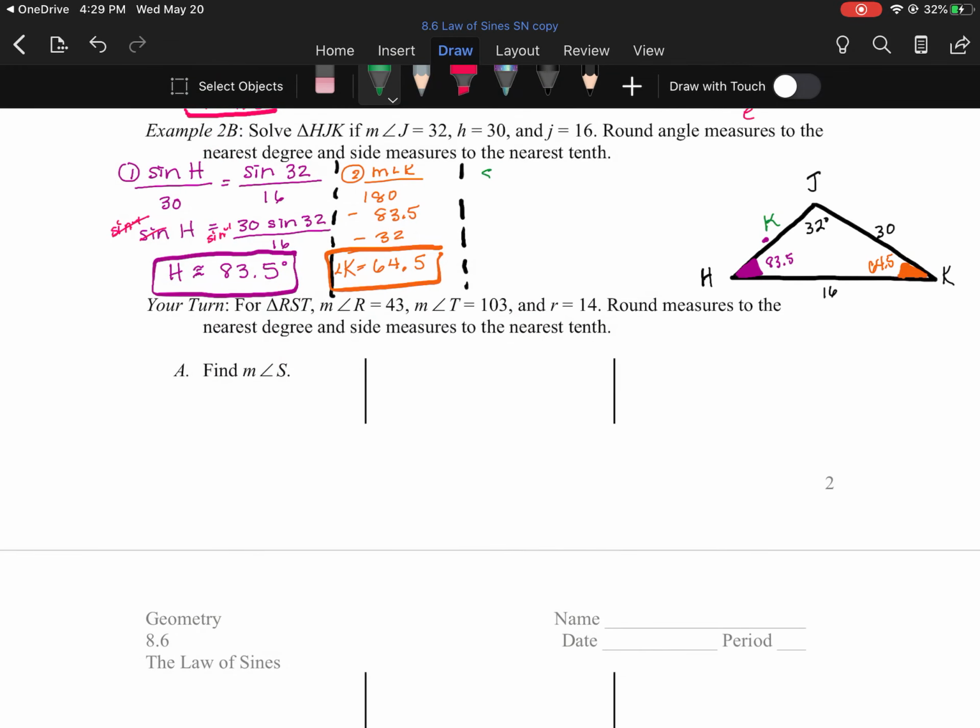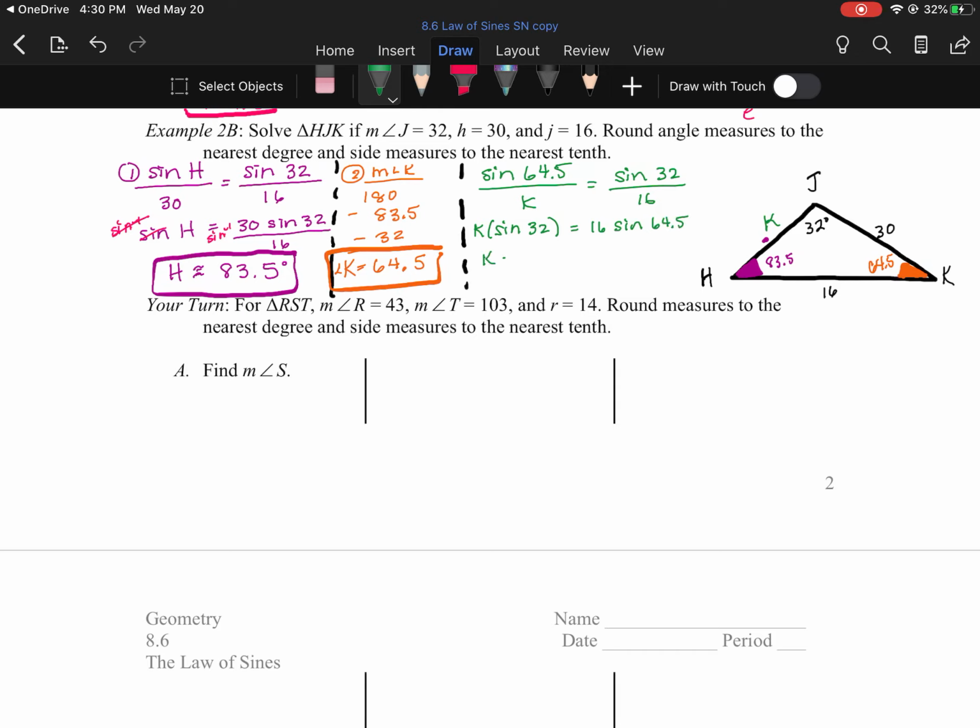So now I'm going to use the sine of 64.5 divided by K is equal to the sine of 32 divided by 16. So again, cross multiply. Try to show some of the steps here. So I'm going to get K times the sine of 32 is equal to 16 times the sine of 64.5.